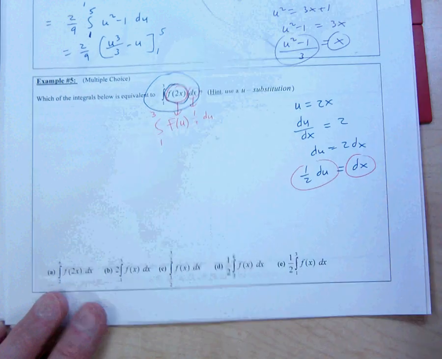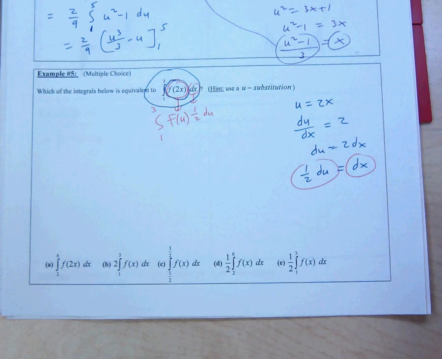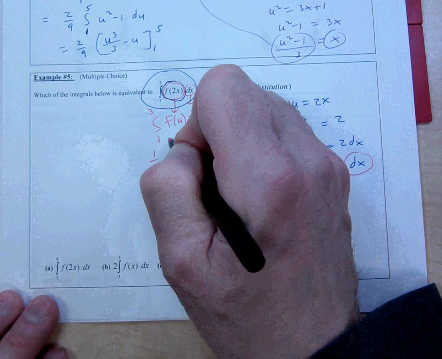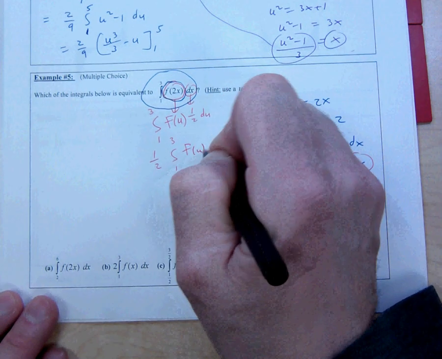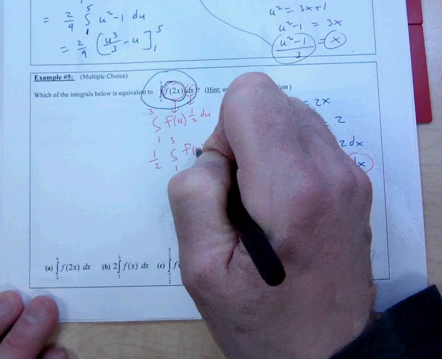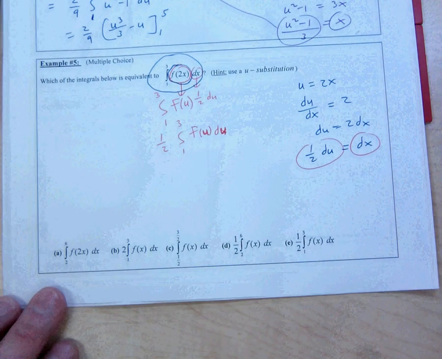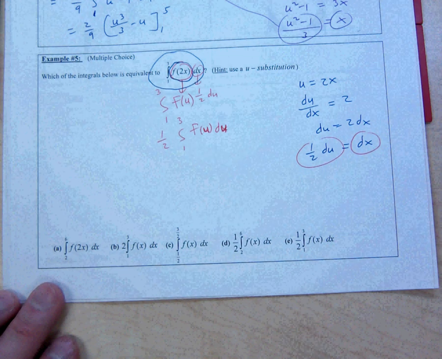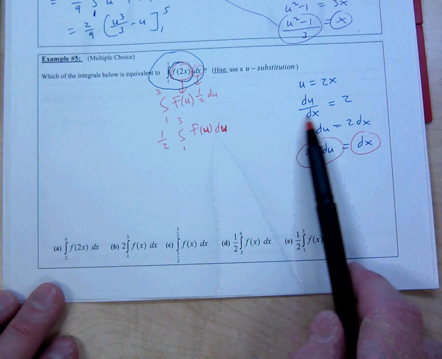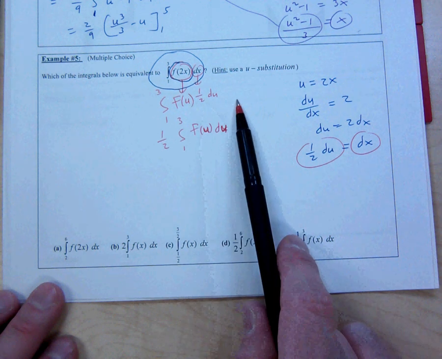All right, now. And you can pull out the half, can't you? Oops, sorry, that's du. All right. Now, you guys, you're not going to want to put u back in at this point because then you're going to go right back to where you started, aren't you? Right?